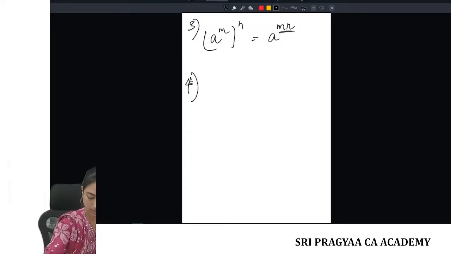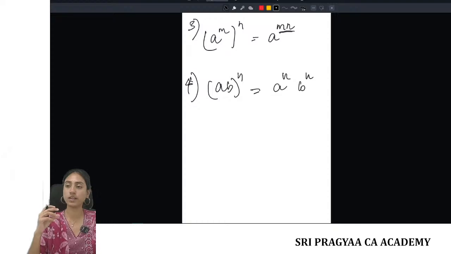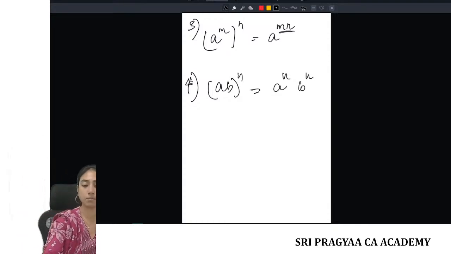Next is, I have 2 different bases, a and b. Then a can be individually raised to the power of n, b can be individually raised to the power of n, and then that can be multiplied.